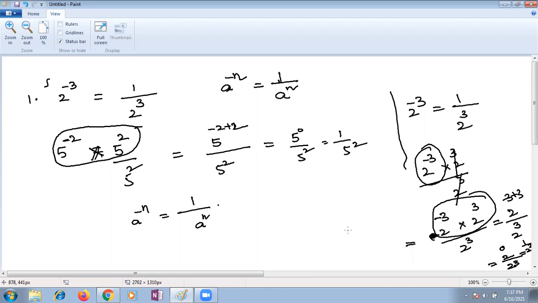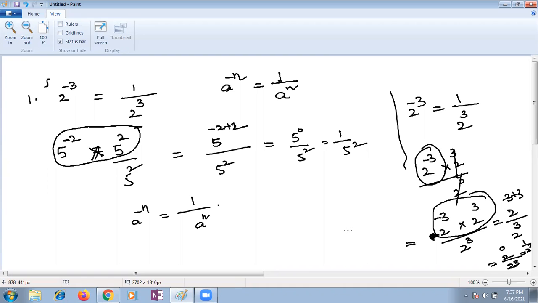I just multiplied with 2 cube on both sides. If I multiply 2 cube on both sides, no change. We can add to both sides, multiply both sides, or divide both sides with the same non-zero quantity. We have some rules, and based on that rule, I can multiply 2 cube and 2 cube on the numerator and denominator, so that I removed that negative quantity.